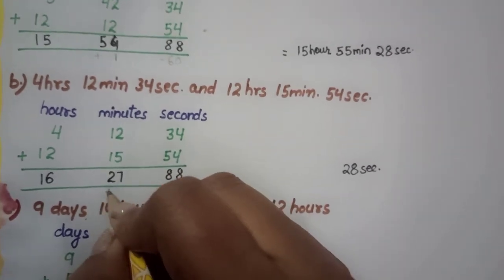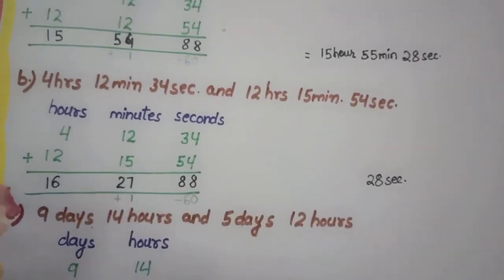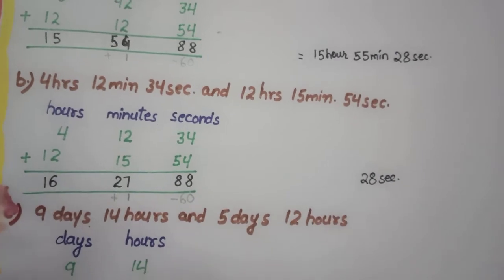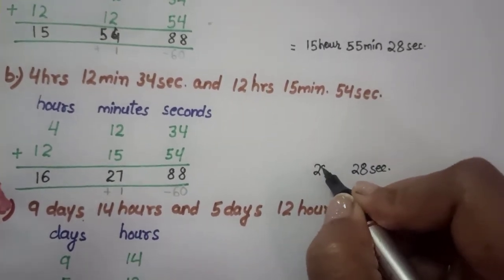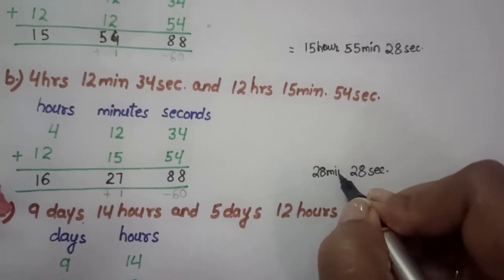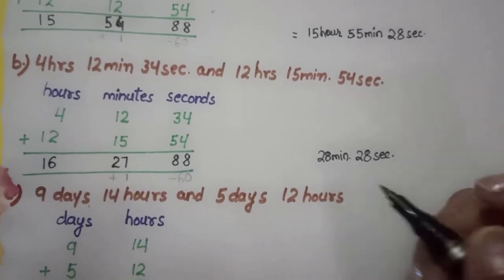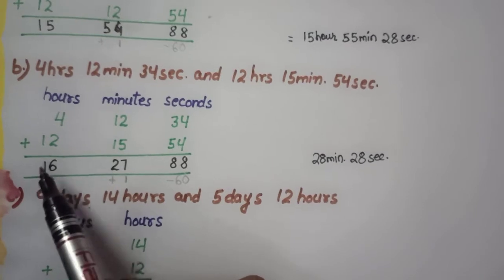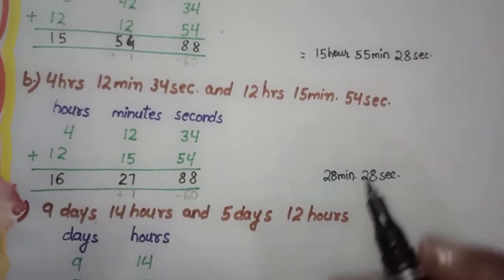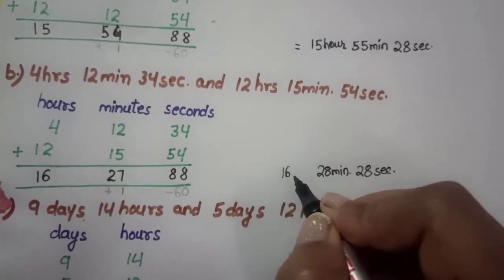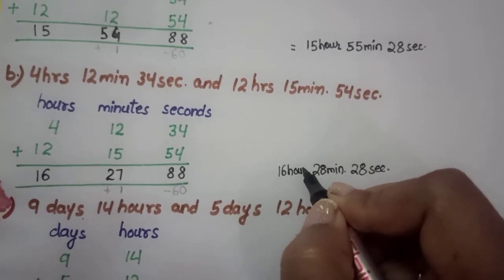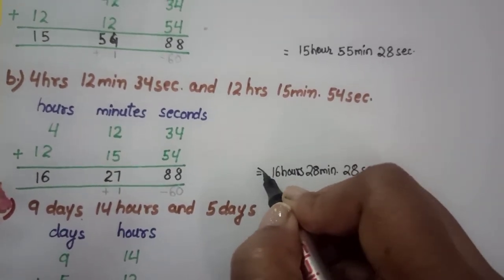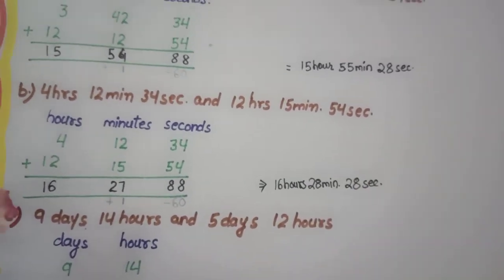So what will it get? It will get 1. So it will become 28 minutes. And as we can see, our hours part did not get any carry, so it will remain 16 hours. So this is how we have done B part.